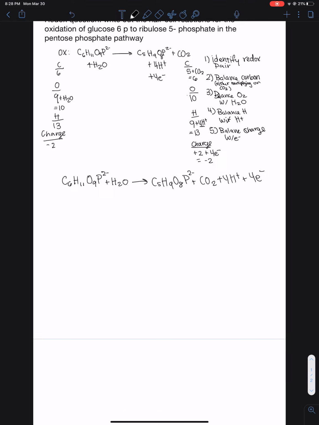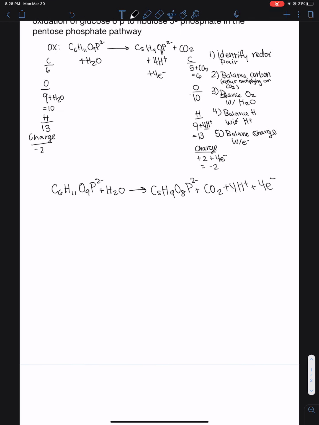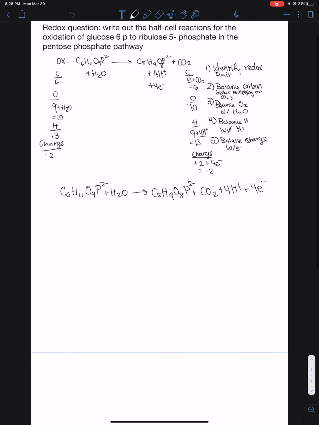So then I know in the pentose phosphate pathway, the electron acceptor, the reduction, is going to be from NADP, which is going to pick up those electrons.